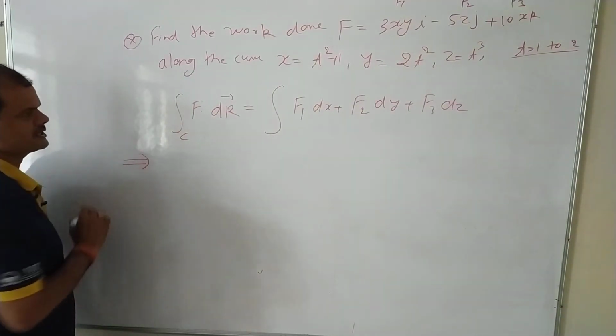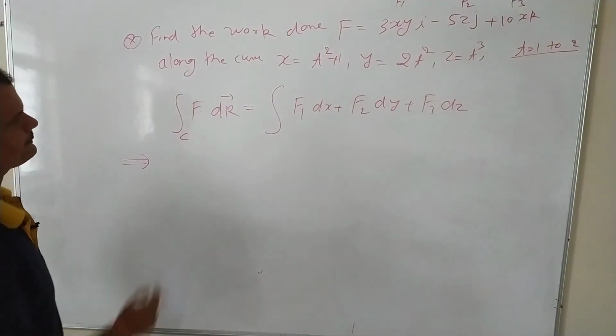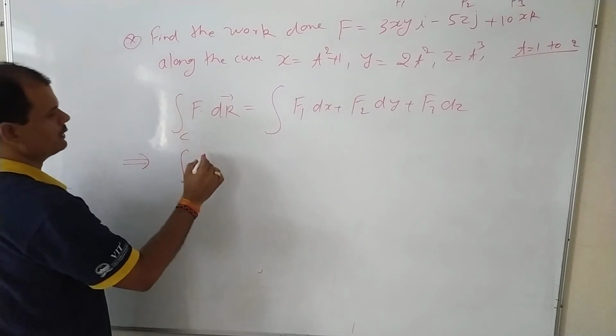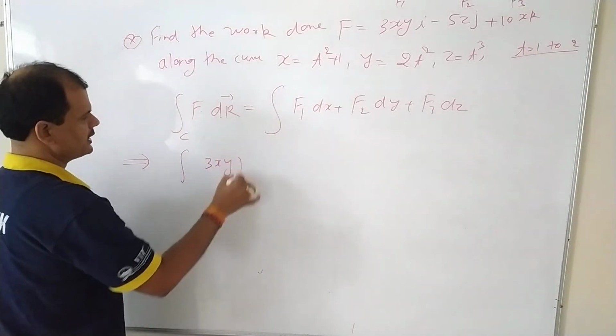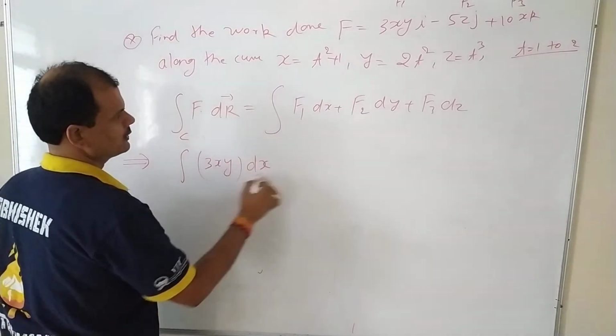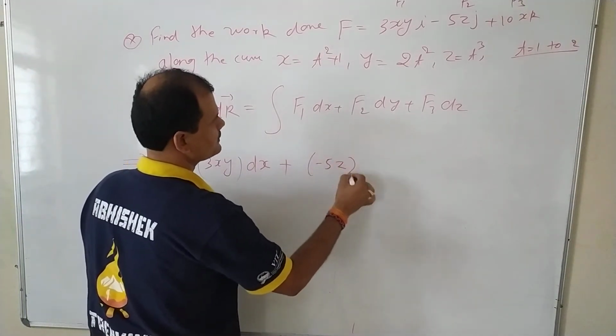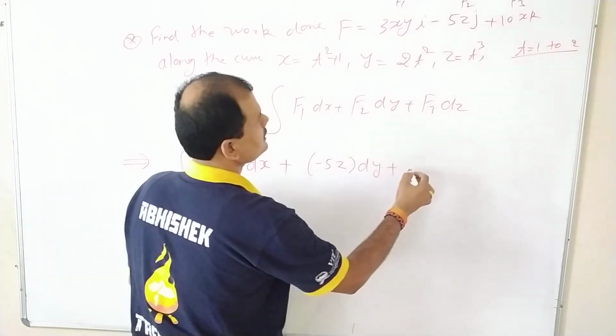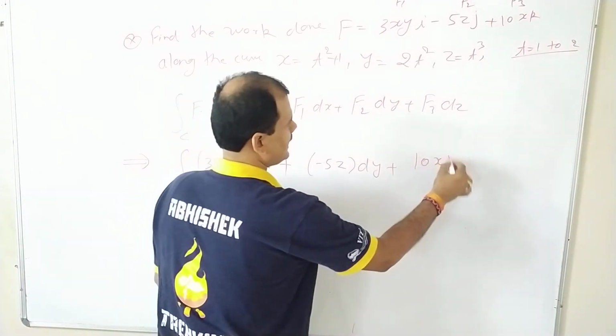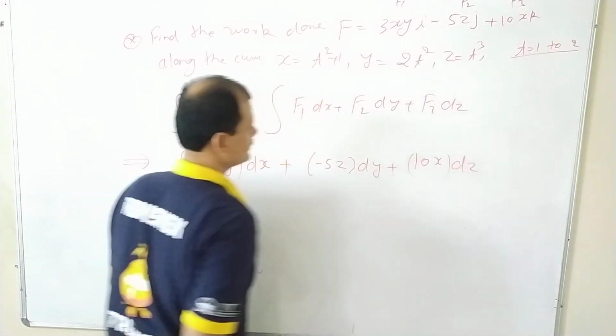Now let us change to the parametric equation. So F1 equal to 3xy dx plus F2 equal to minus 5z dy plus F3 is 10x dz, fine.